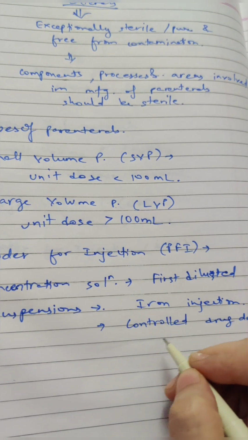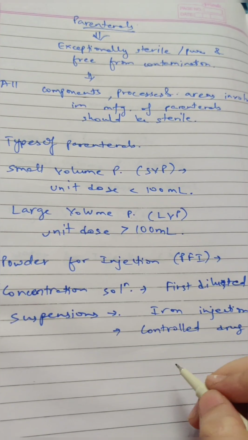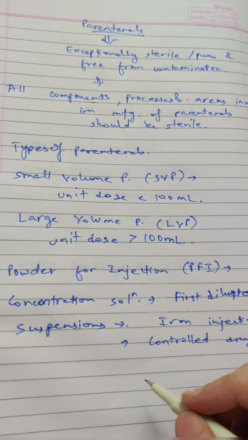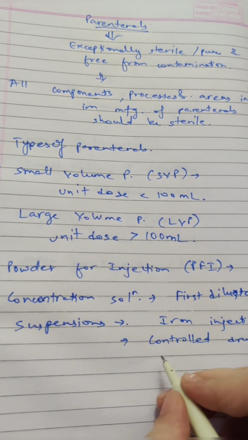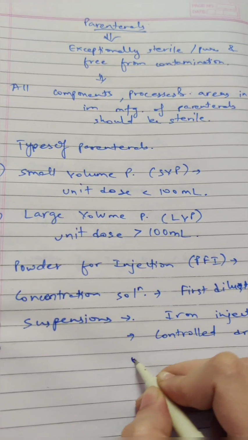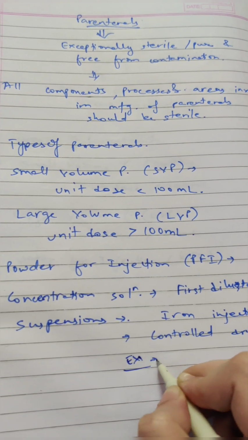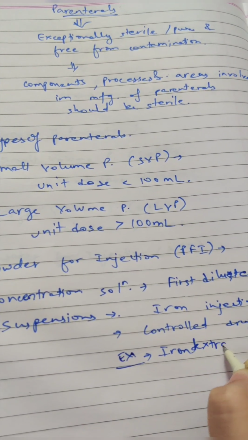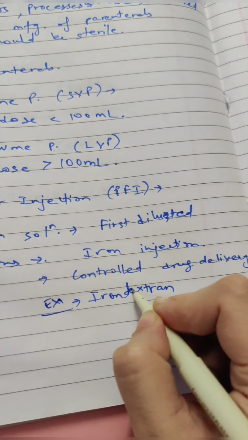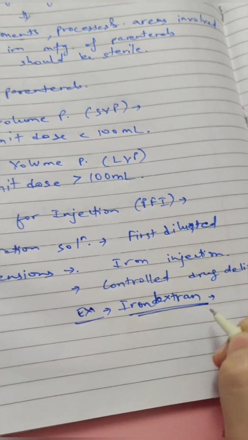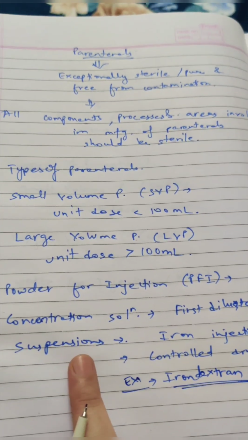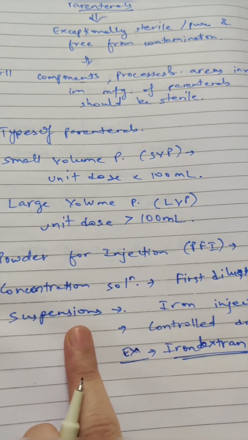So कोई भी सब्सटेंस अगर हमें एक कंट्रोल रिलीज फॉर्म में देना है तो हम उसका एक सस्पेंशन बनाएंगे and will administer it parenterally. आयरन इंजेक्शन का एक एग्जाम्पल, जैसे हम एक बहुत प्रैक्टिकल एग्जाम्पल देखते हैं, आयरन डेक्स्ट्रान एक बहुत ही कॉमन आयरन इंजेक्शन है, and it exists in the suspension form.